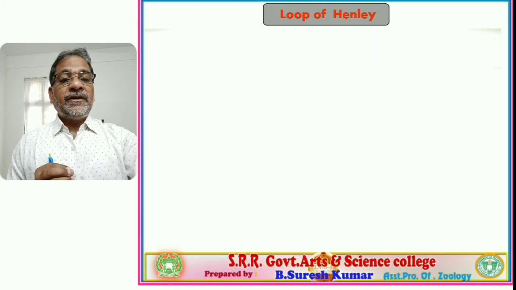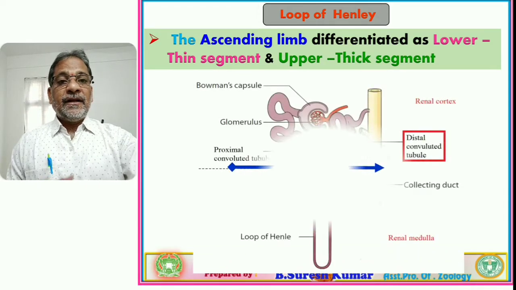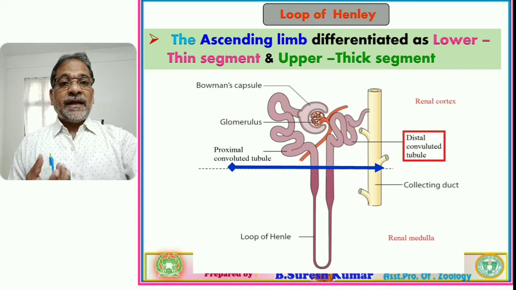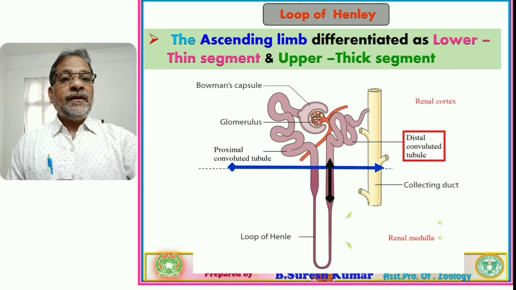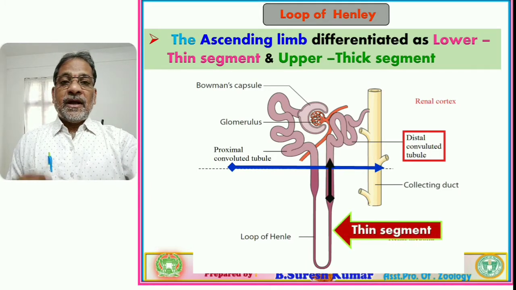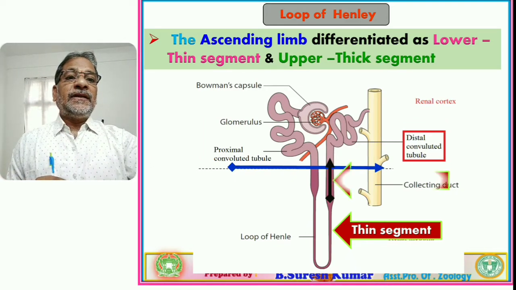Next, if we observe the ascending limb, it is again differentiated, the proximal portion as the thin segment and the distal portion as the thick segment. So you observe this lower portion is the thin segment, and the upper portion is the thick segment. So the ascending limb is differentiated into the thin segment and thick segment.